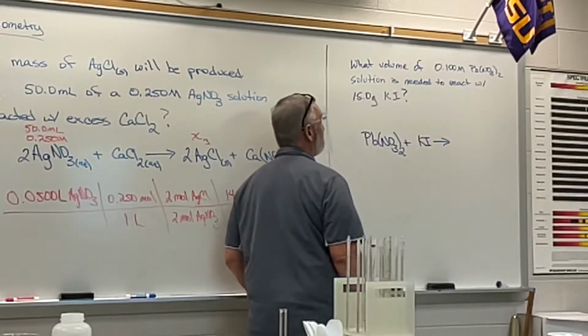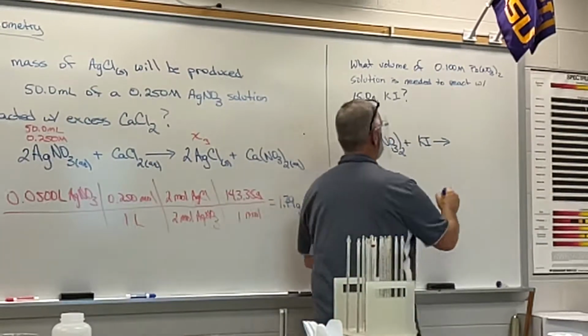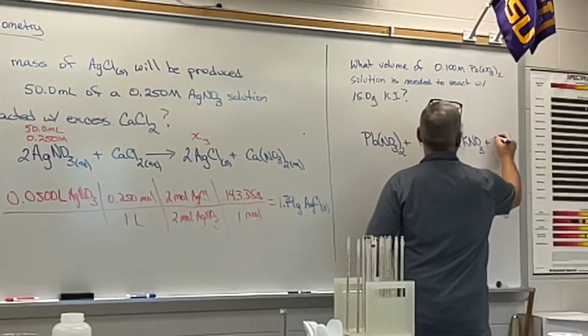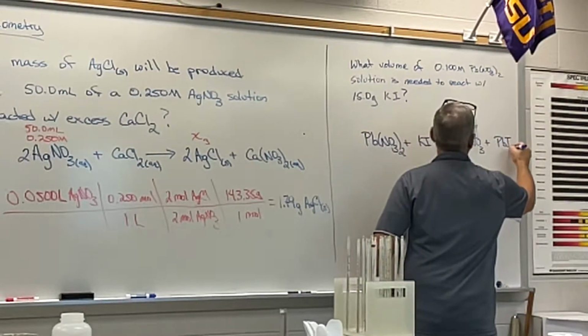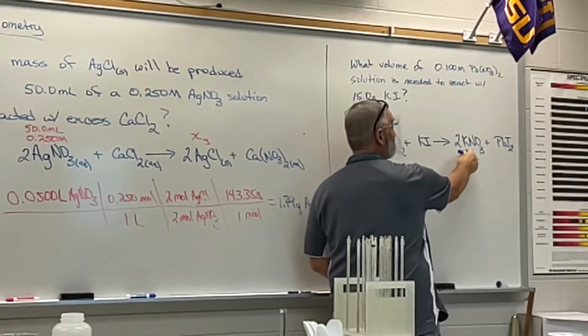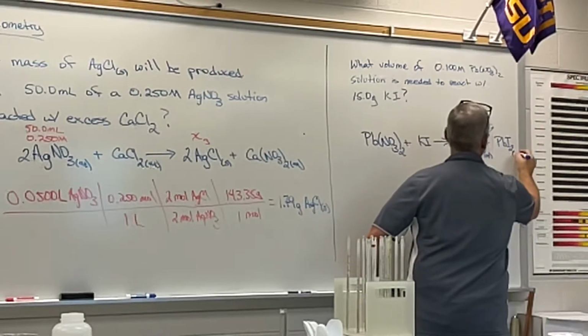And that will make KNO3 with a 2 in front of it, and then PbI2. Which one will be my solid? Because this is an alkali metal and a nitrate, I know this is aqueous. So this is my solid.